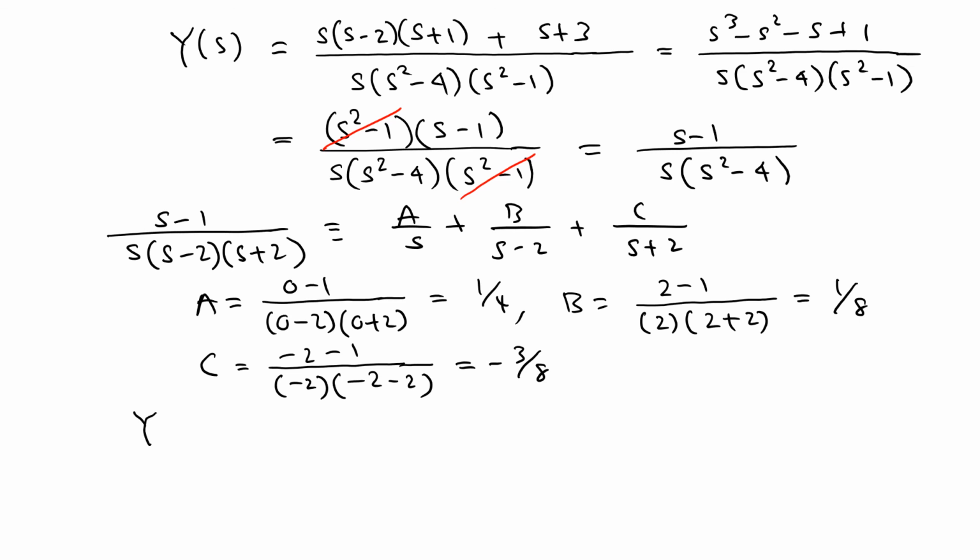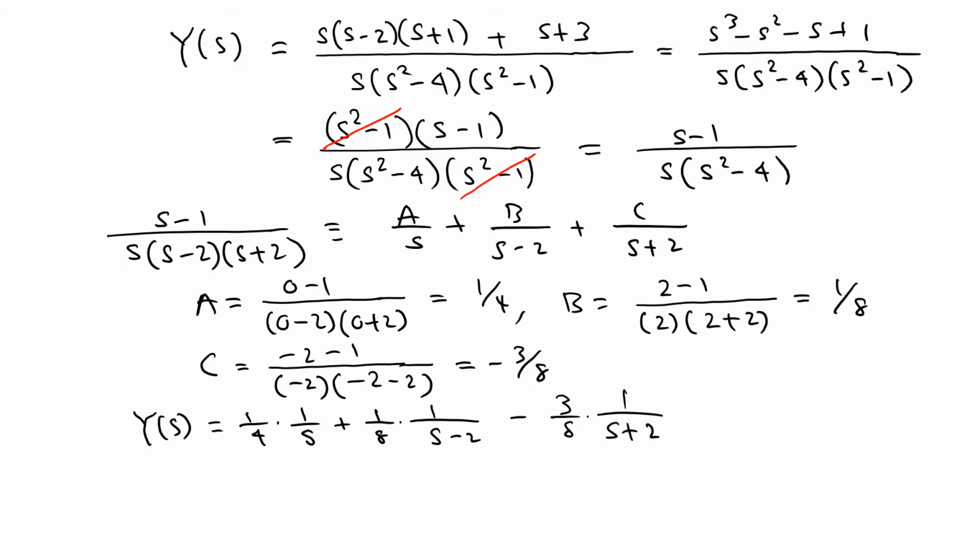So that means Y(s) is simply 1/4 times 1 over s, plus 1/8 times 1 over (s minus 2), and then negative 3/8 times 1 over (s plus 2).